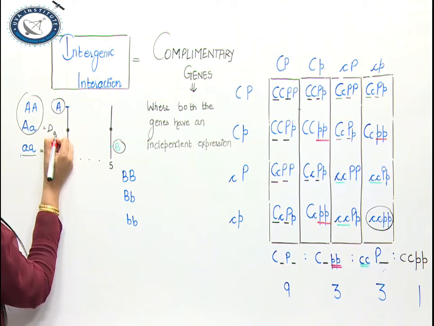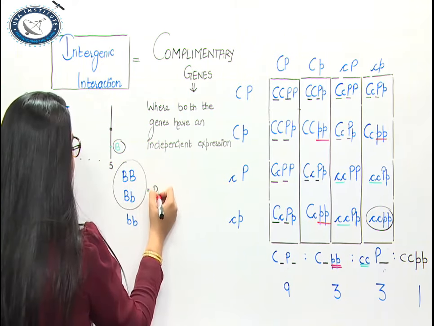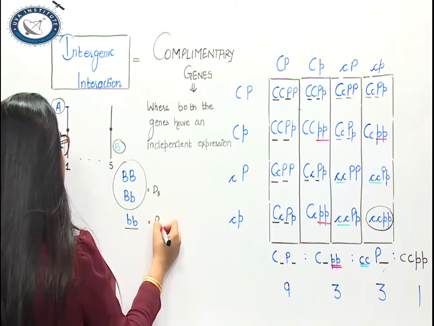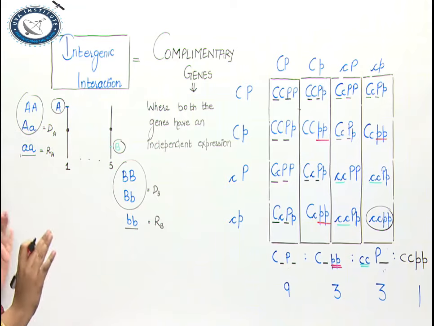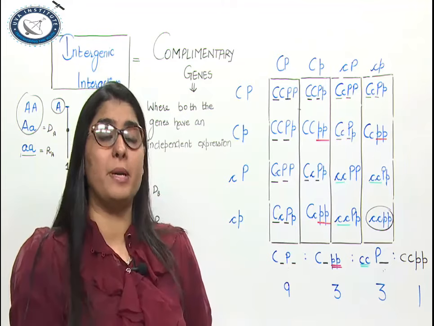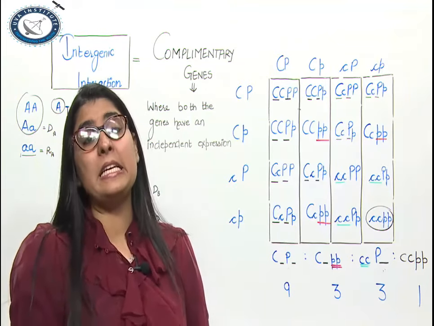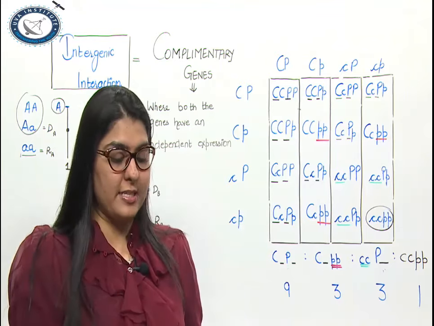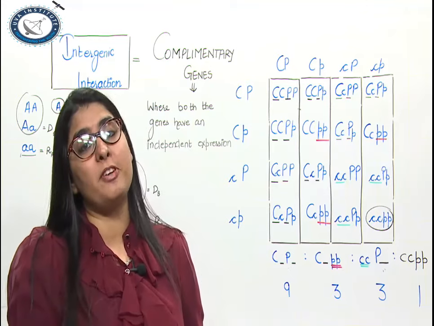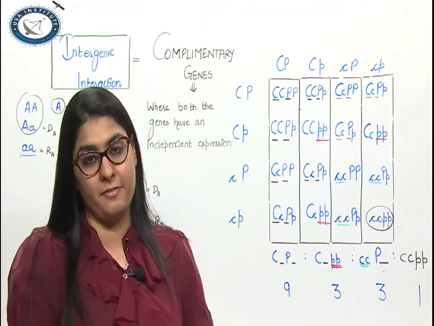We can take it as dominant A and recessive A. Likewise, we will have a dominant phenotype for B and a recessive phenotype for B. Both express themselves independently, but when they are present together in an individual, they influence each other in such a way that they come together and produce a different phenotype from dominant A, recessive A, dominant B, recessive B.